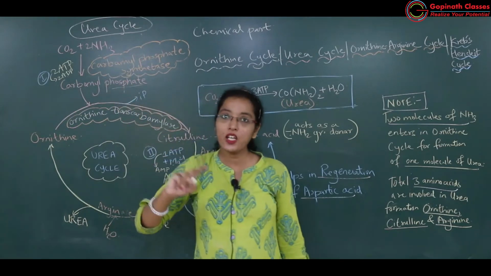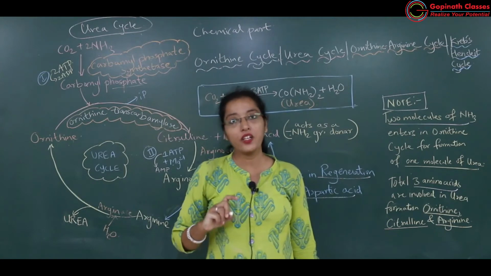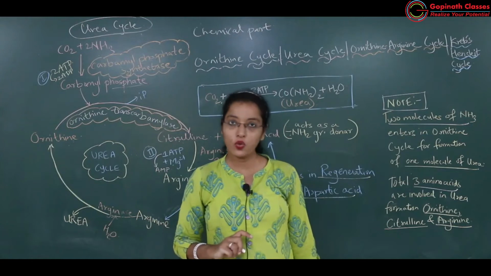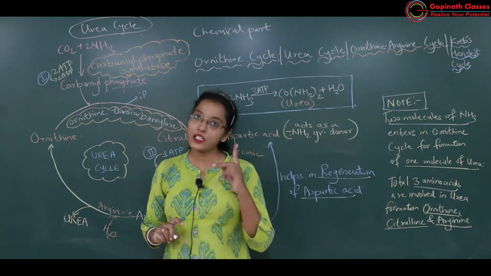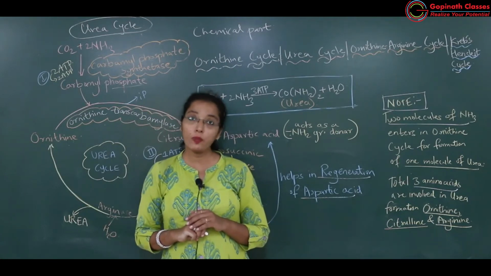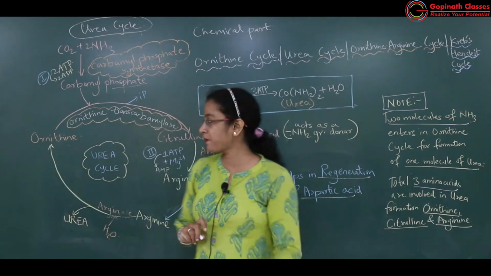So very easy. Which is the enzyme needed for formation of carbamyl phosphate in the urea cycle? Carbamyl phosphate synthetase, when there is a reaction between carbon dioxide and 2 molecules of ammonia. And how many ATP molecules are needed for this step? 2 ATP molecules.